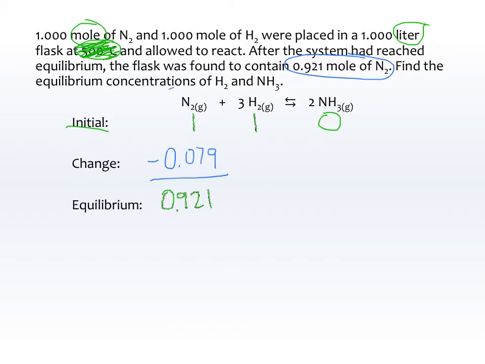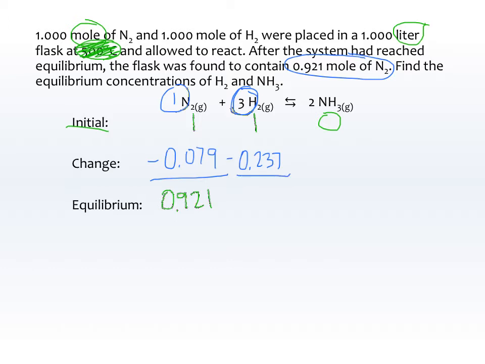So notice the coefficients in the balanced equation. 1 mole of nitrogen for every 3 moles of hydrogen, so 0.079 moles of nitrogen for every 0.237 moles of hydrogen. I got that 0.237 by taking 0.079 times 3, because 3 times as many hydrogens as nitrogens. I'm going to subtract the same amount.